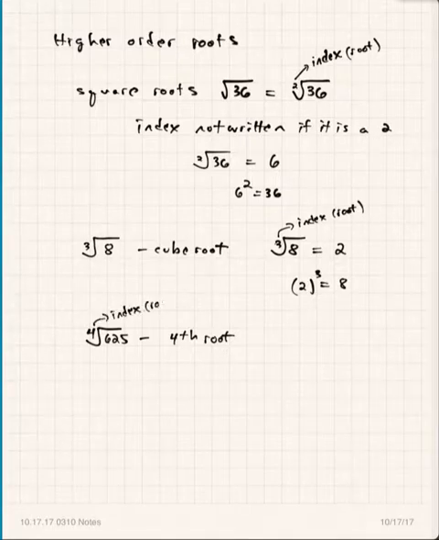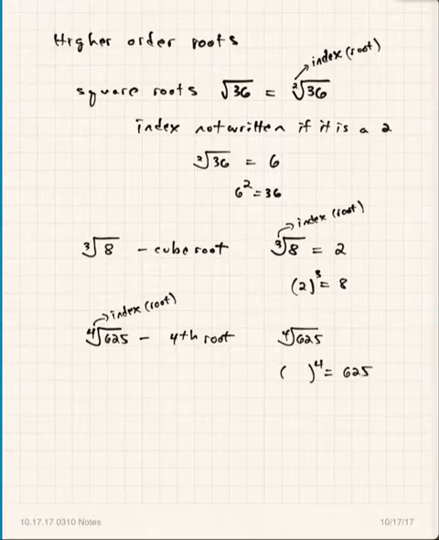That would be the root that we're talking about in the problem. We're looking for a number that when you raise it to the fourth power, you get 625, and that would be 5. 5 times 5 is 25, times 5 is 125, times 5 is 625. So the fourth root of 625 is 5.